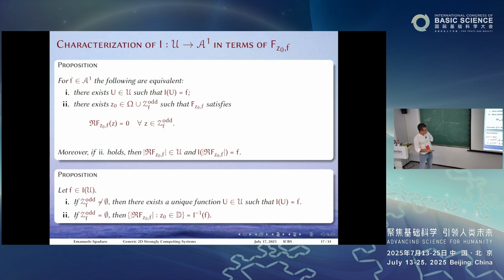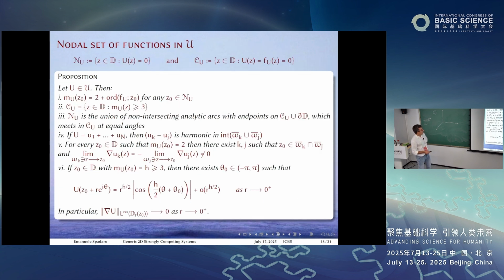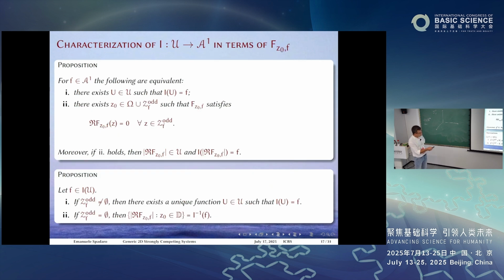Otherwise, when f has, for example, no zeros or only even multiplicity zeros, you may find more solutions which have the same Hopf differential. Okay, so using this characterization, all the regularity results which were proven in the literature now come as a corollary of this characterization.